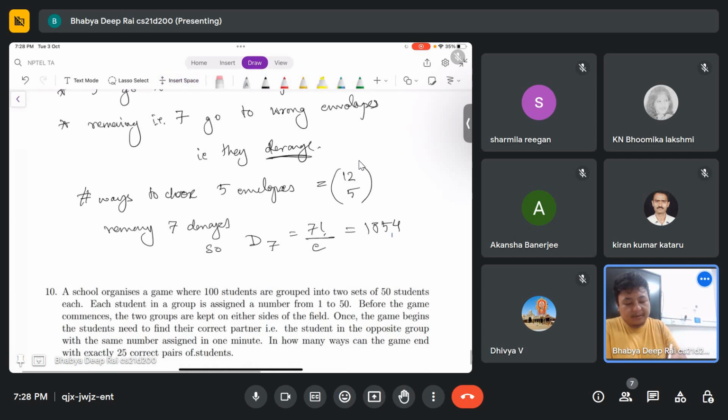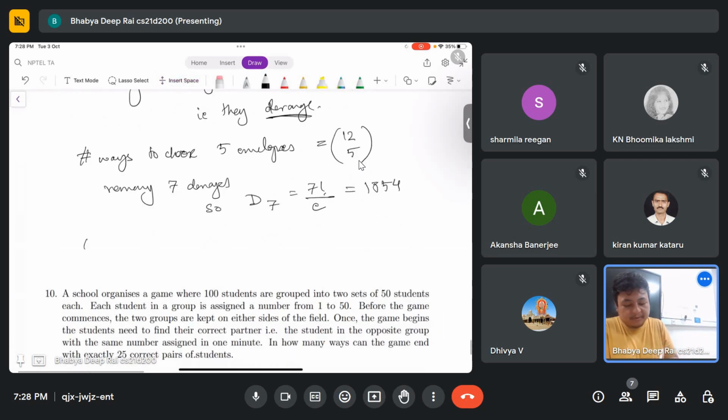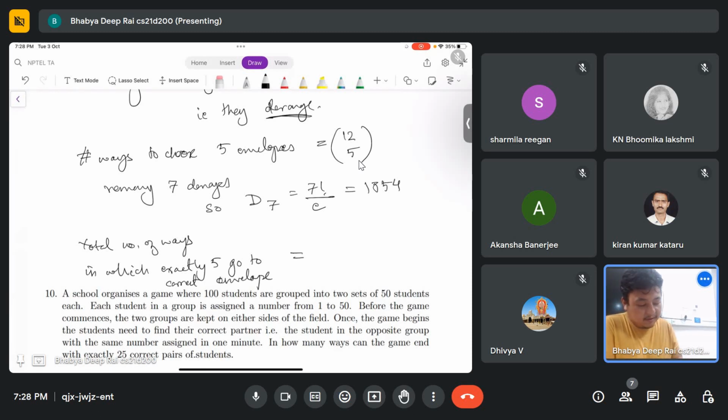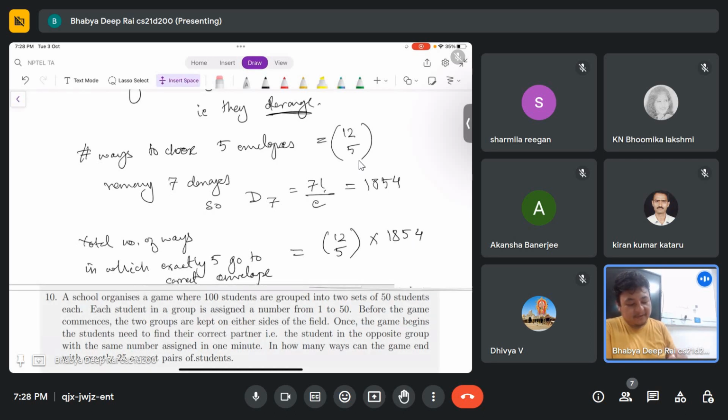So the total number of ways in which exactly 5 go to the correct envelope is 12 choose 5 times 1854. First you choose the 5 letters that go to the correct envelope, and the remaining will derange.